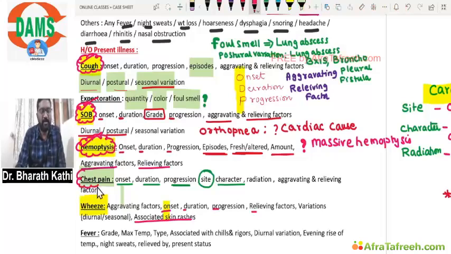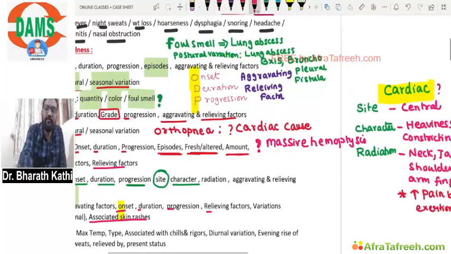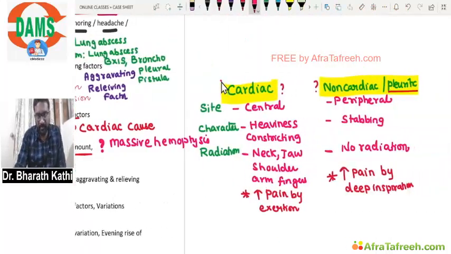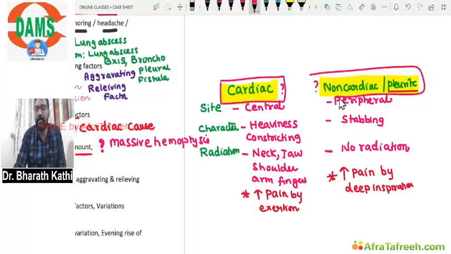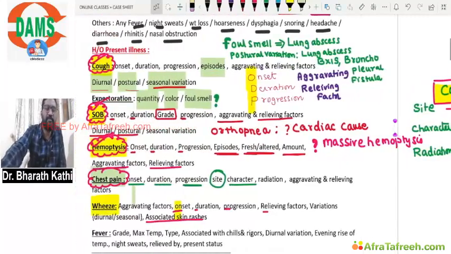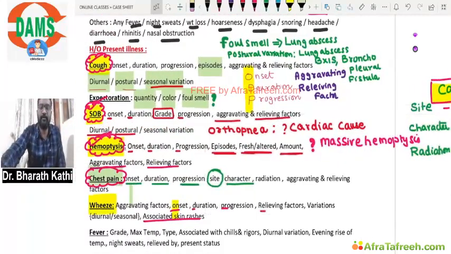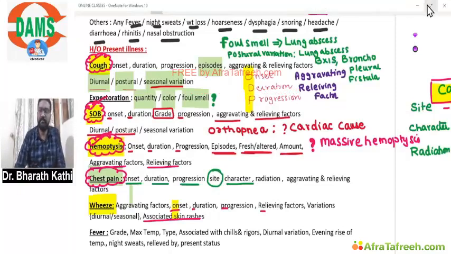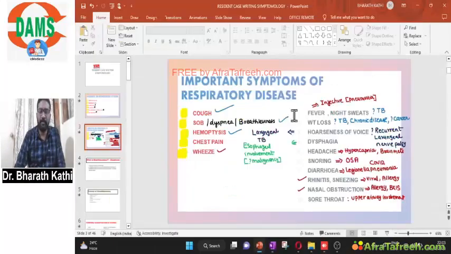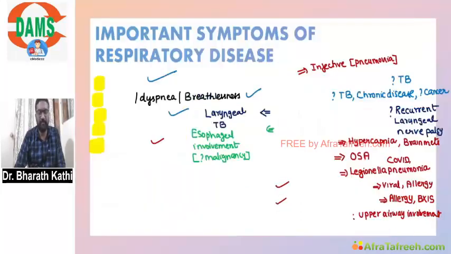And regarding chest pain, the main focus will be the difference between cardiac and non-cardiac chest pain. Now let us thoroughly see the basic definitions of shortness of breath, cough, hemoptysis. Everybody should know this. I have also taken the mechanisms for your convenience.